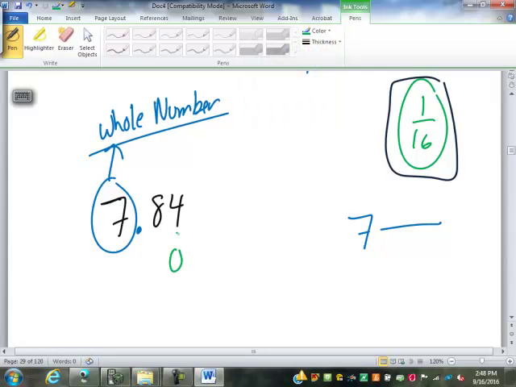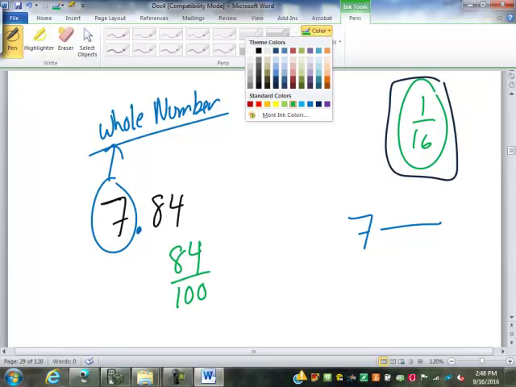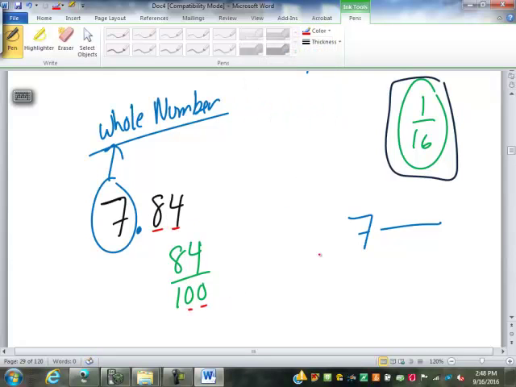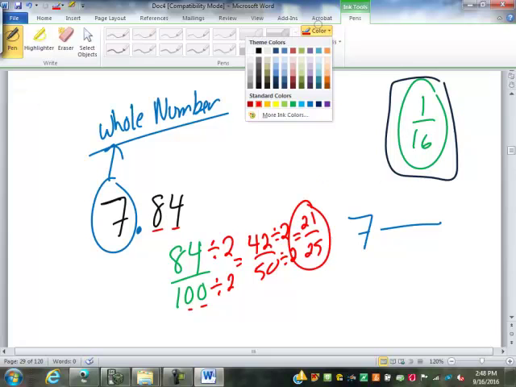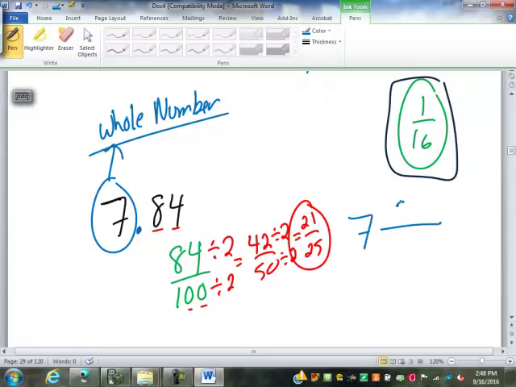So that's going to become 84 over 100. Great. 2 decimal places, so 2 zeros in our denominator. Both can be divided by 2, giving us 42 over 50. Are we done? Nope, they can both be divided by 2 again. Give me 21 over 25. That's as far as we can reduce it. We have to make sure we put it back with the whole number, 7 and 21/25.